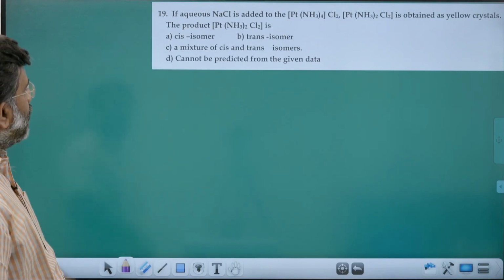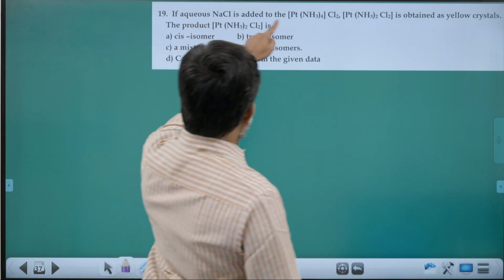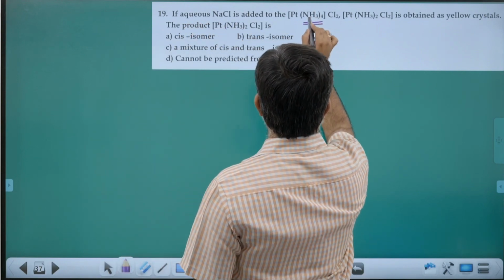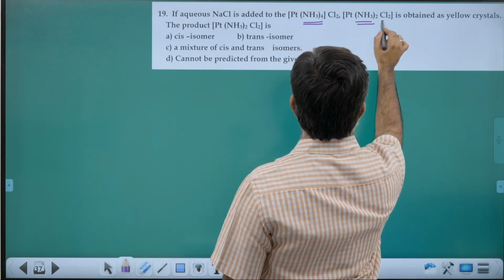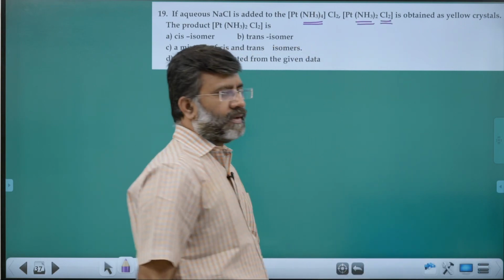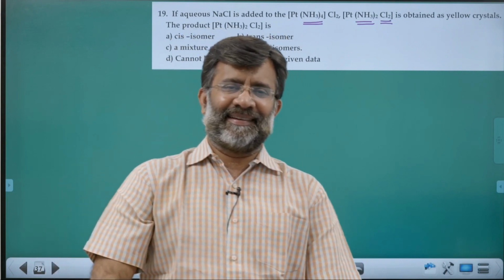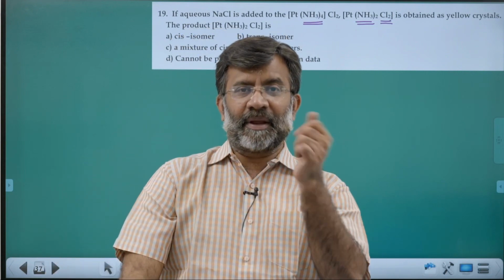Wow, this is another question. Aqueous NaCl is added to this. You see, there were 4 ammonia; out of 4, 2 remain and 2 new chlorine come. So here ammonia is replaced by chlorine.